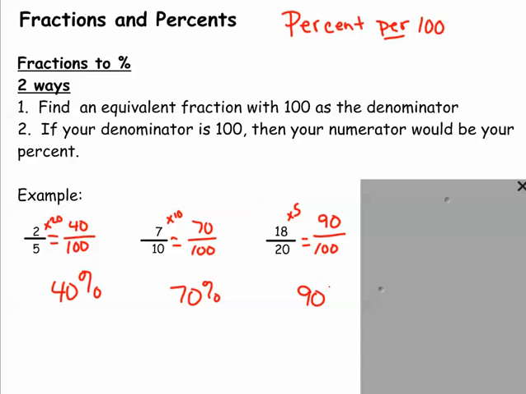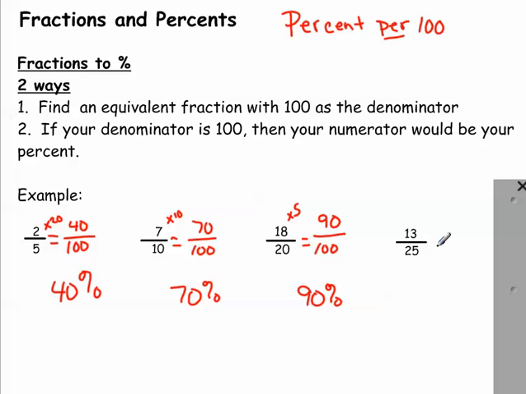So that's 90%. And the last one, 13 over 25, can I get a denominator of 100? Yes, I can multiply by 4, so multiply the top by 4, and that gives me 52. So 52 out of 100 is the same as 52%.